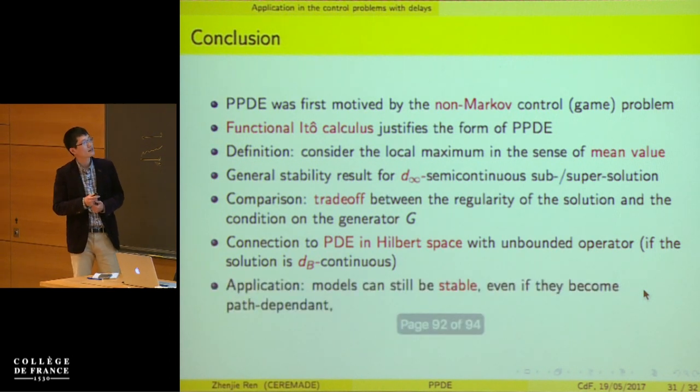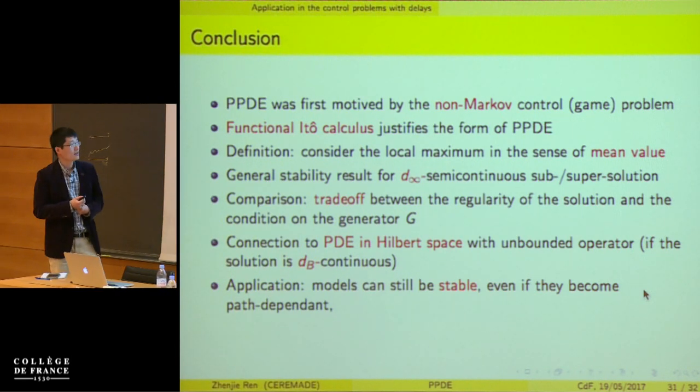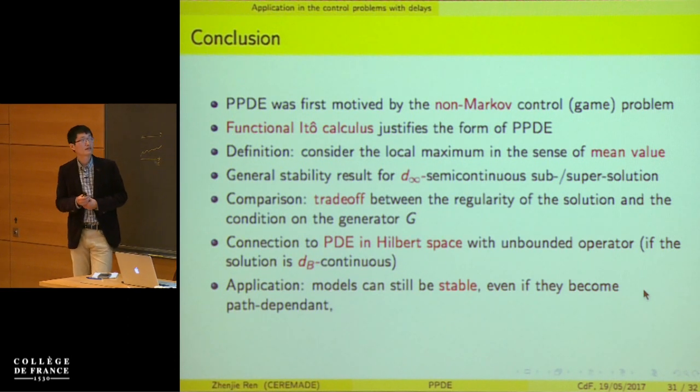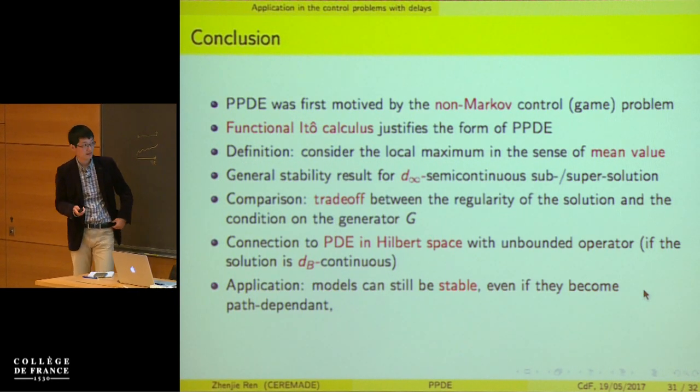And then we talk about application, mainly using the stability argument. We say that those models in finance and physics are still stable even if the model becomes path dependent.